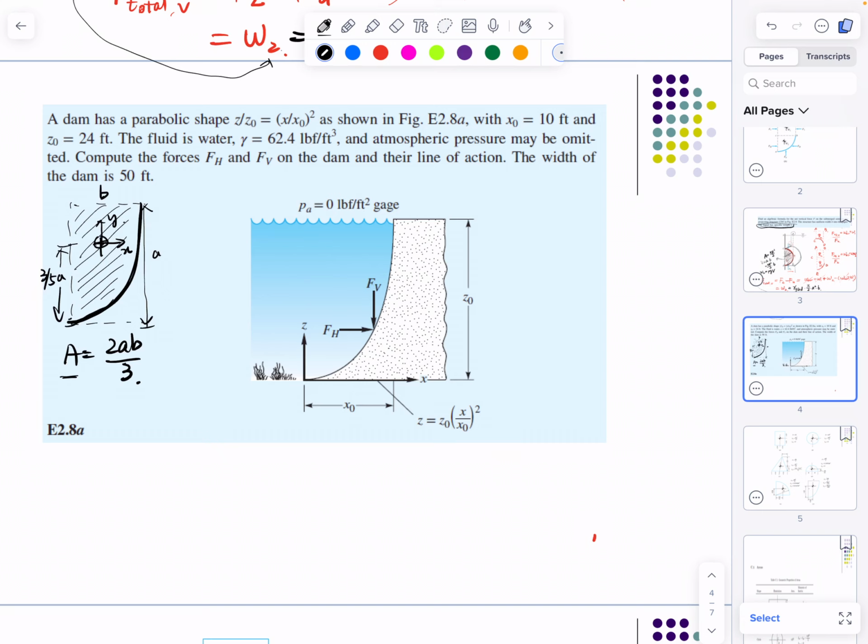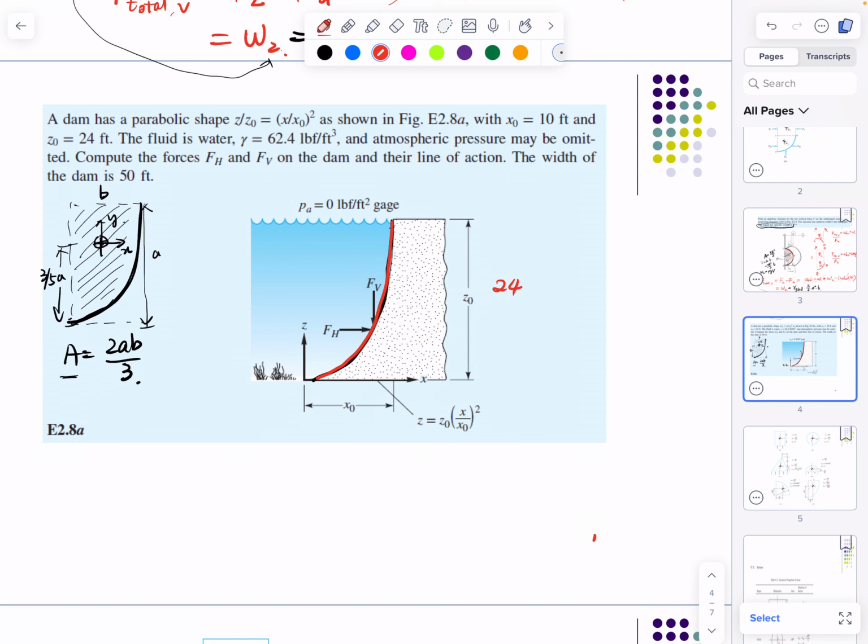For this question, it asks for a dam that has a parabolic shape, which means here is parabolic, with x0 equals 10 feet, and z0 equals 24 feet.